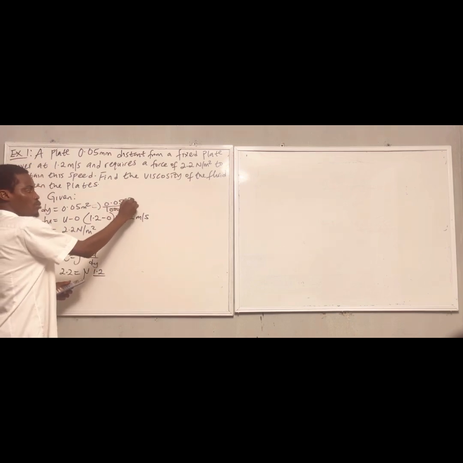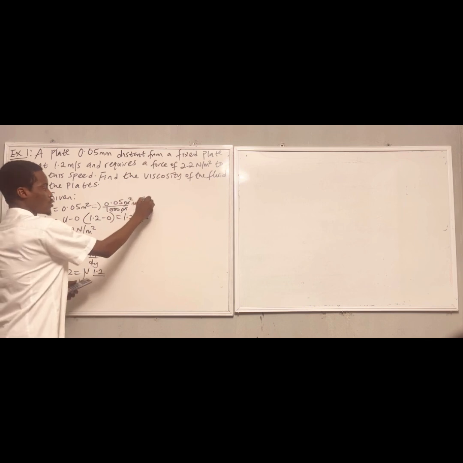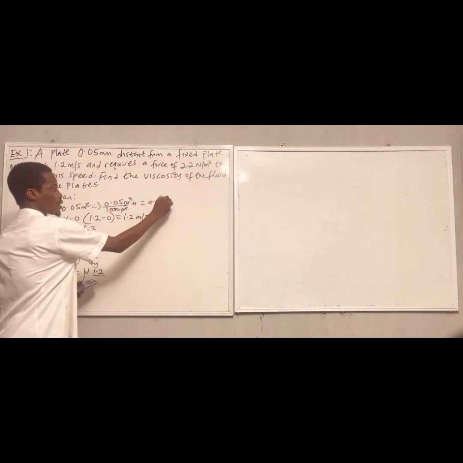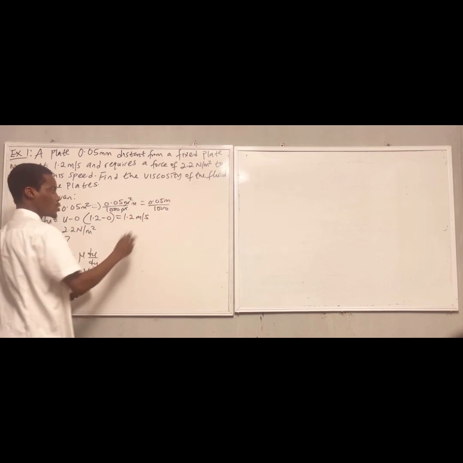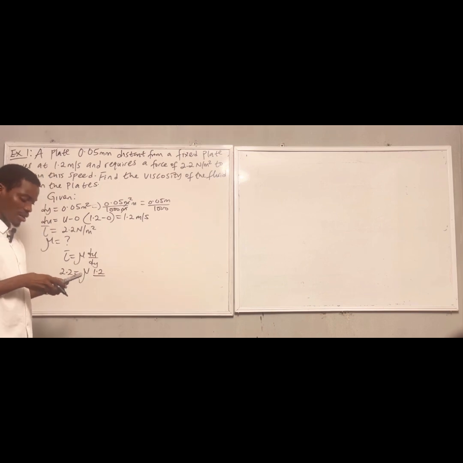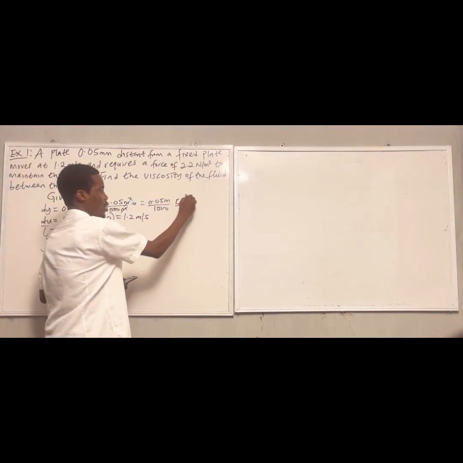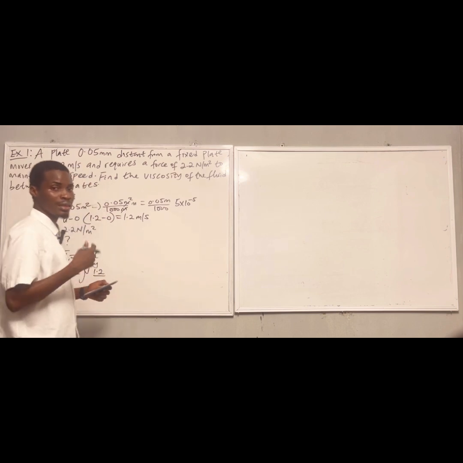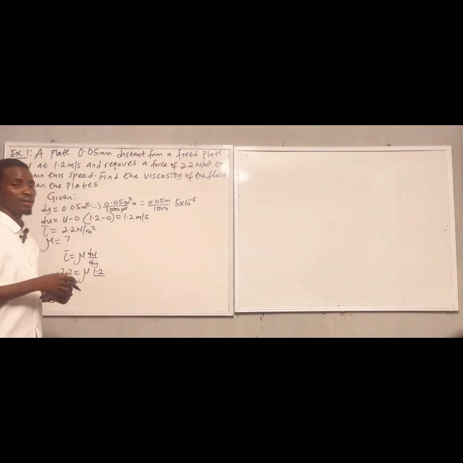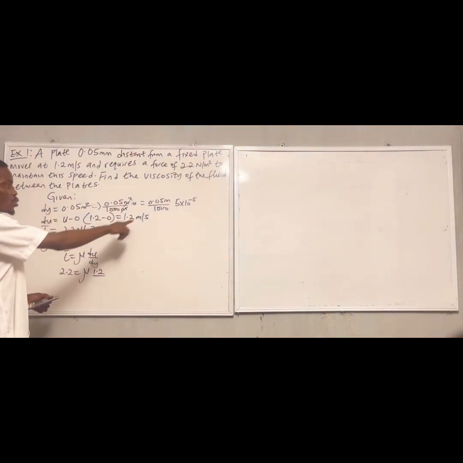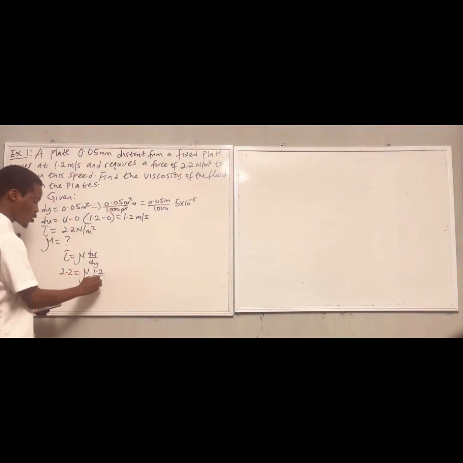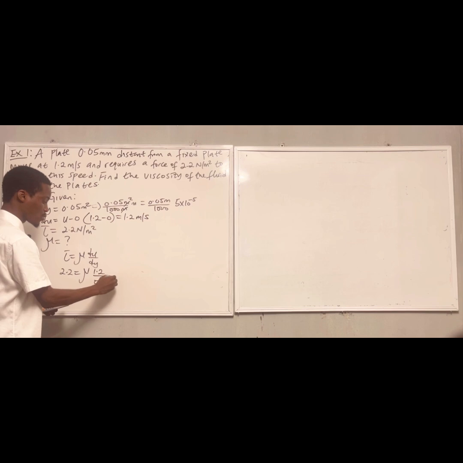So 0.05 divided by 1000 gives 5 times 10 raised to the power minus 5, or 0.00005, in standard form. So my dy is 5 times 10 raised to the power minus 5.